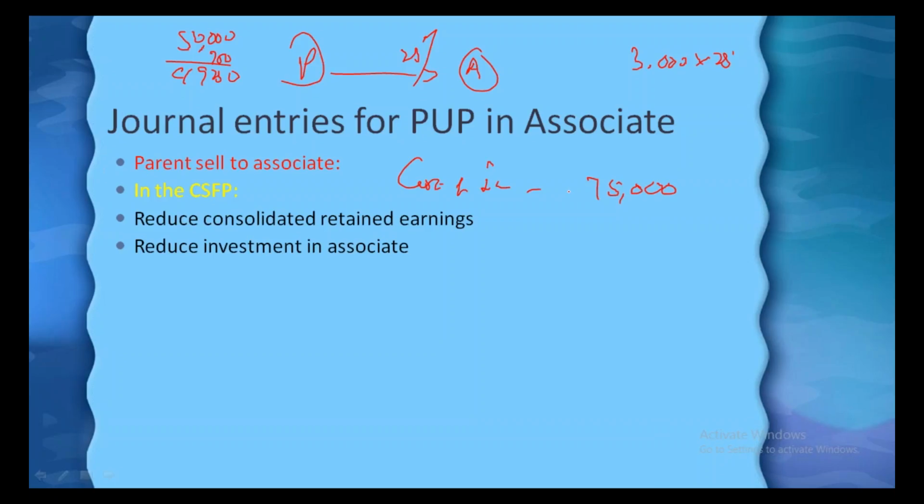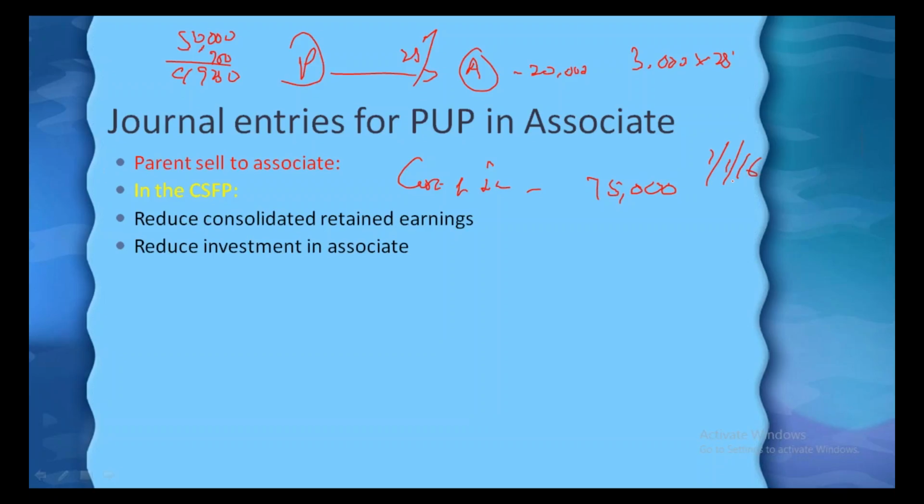Company A, the associate company, from the day that we took this 25% control, has earned 20,000 income. I'm putting in some figures. Let's assume we took significant influence on 1st of January 2016, and on that day we paid 75,000 to buy the 25% investment. By 31/12/2016, company A has earned 20,000 income.